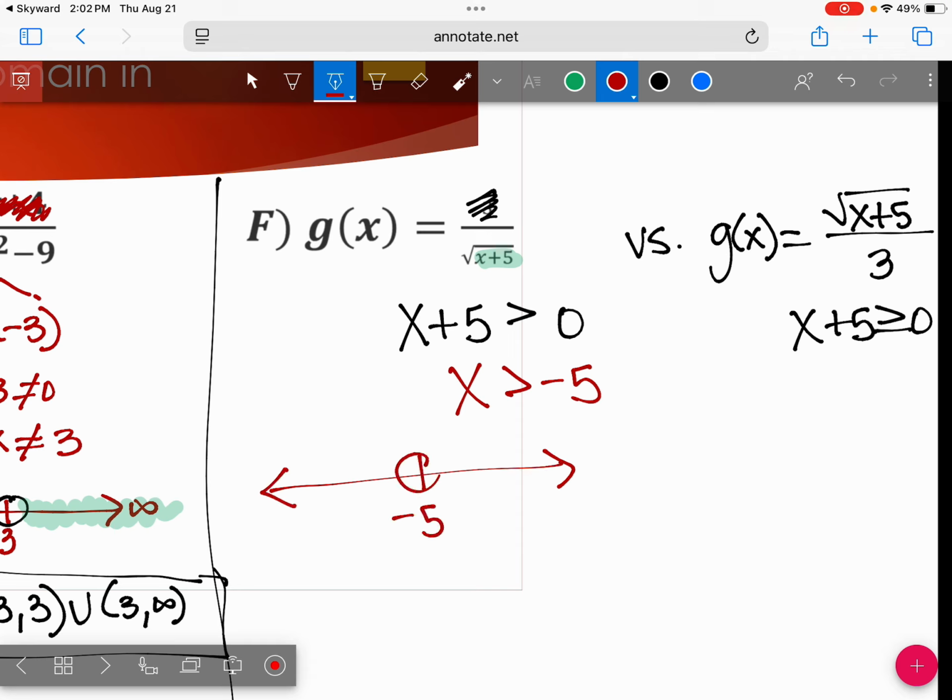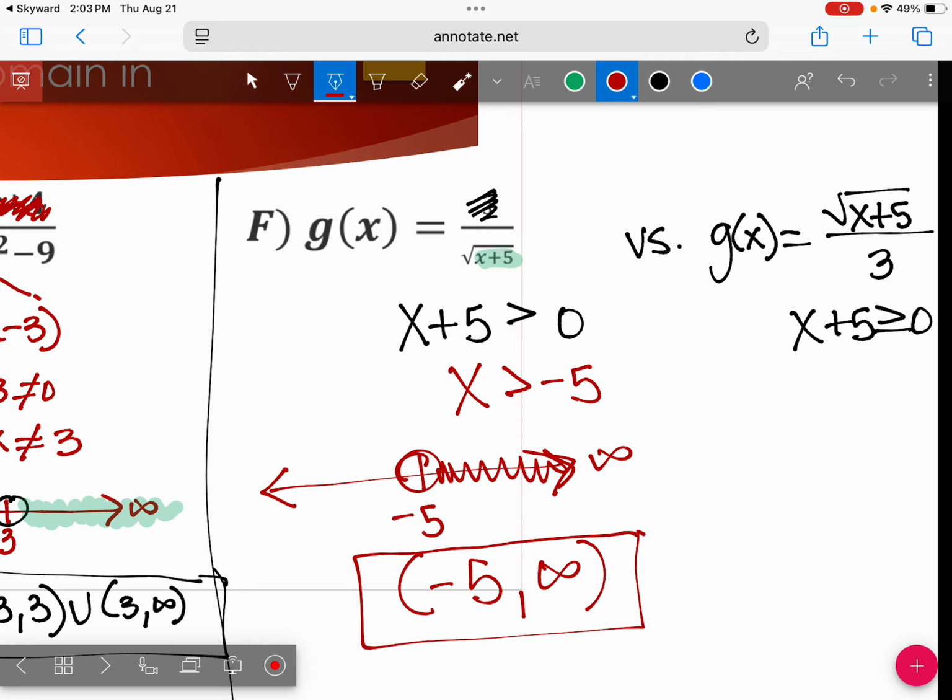Which means I have an open circle and it's going this way. So this one is going to start at negative 5 and it never stops. So because it's in the denominator, nothing can be equal to 0. We cannot put any hard brackets.